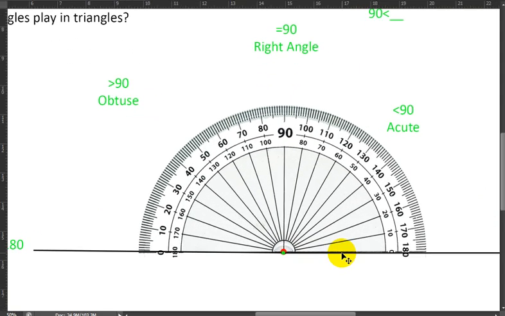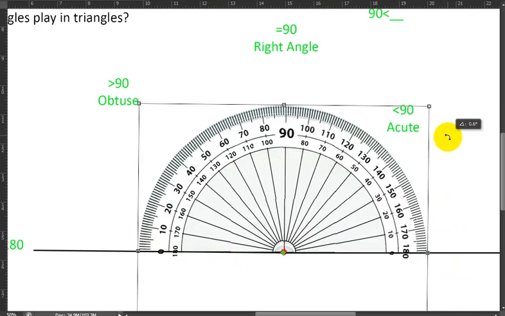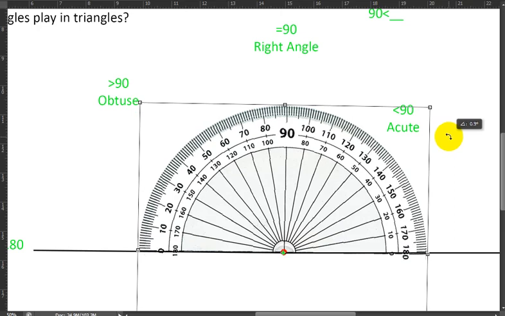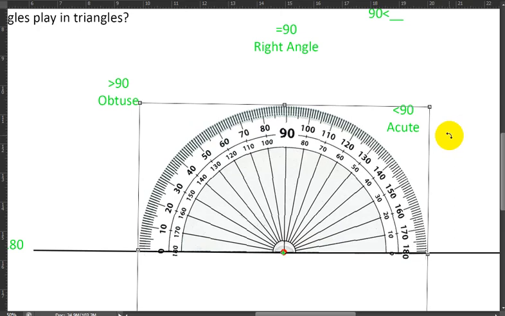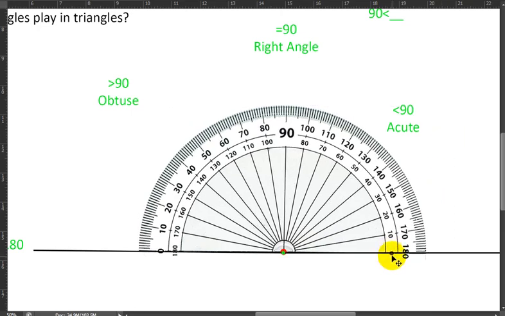Yes. So that means that they form an angle, that to go from this point all the way around to this point, that is an angle. Well, how much is that angle? That angle is 180 degrees. You can see that if I start counting from this 0, I go all the way around to the other side, I get to 180.